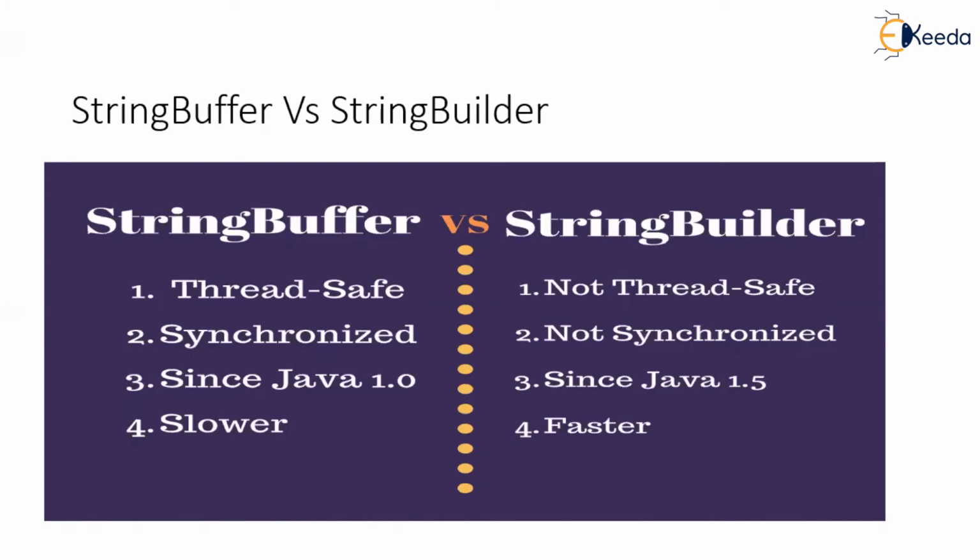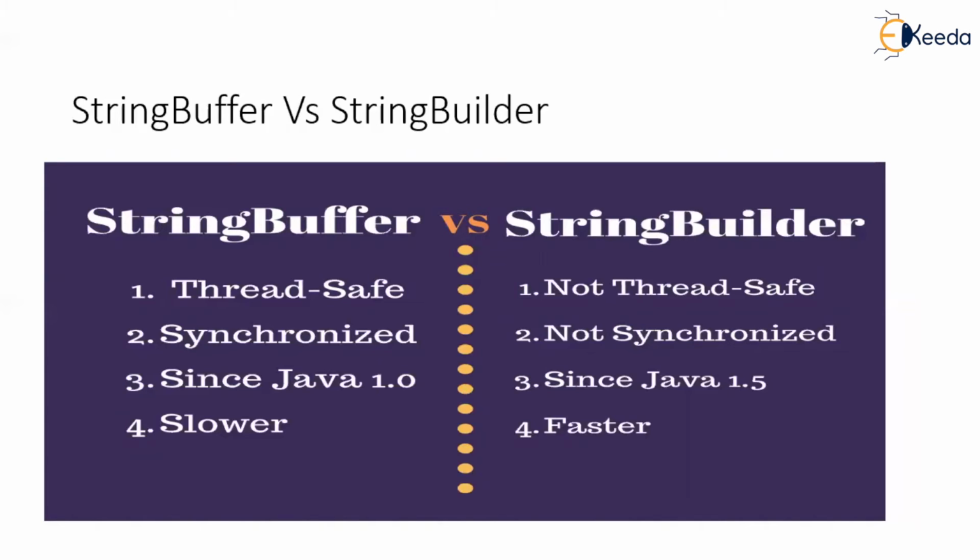When we need multiple threads to work on a specific string, if that string is available in the form of StringBuffer, definitely, with all the methods synchronized, the StringBuffer class itself is thread safe and multiple threads can access this string object.